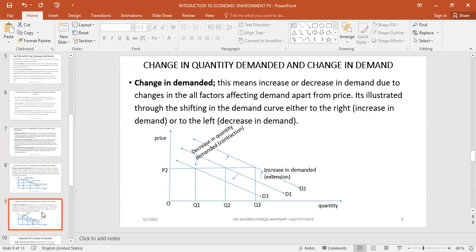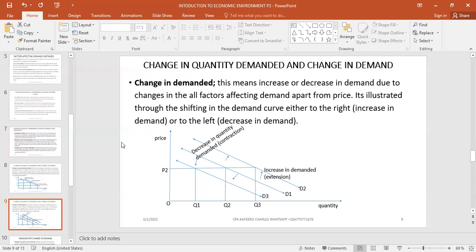But for the change in demand, we expect that the price should be constant. It will be other factors that will be affecting the demand of the commodity. And we have an increase or a decrease in the demand.